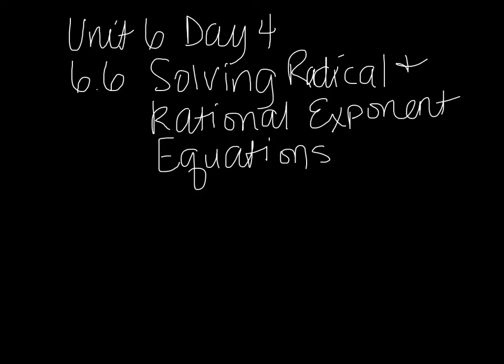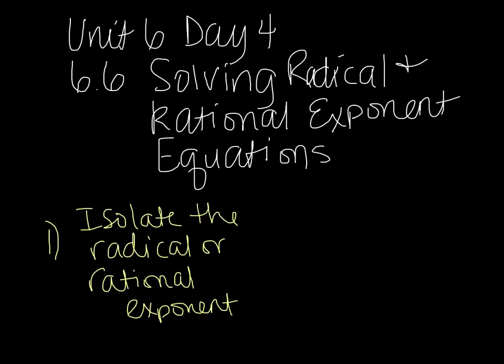And here we go. The steps to solving a radical or rational exponent equation. Step 1, again, isolate the radical or the rational exponent. Every one of these problems is going to have something underneath a radical. It might be an expression under a radical, or it's going to have something in parentheses with a rational exponent.